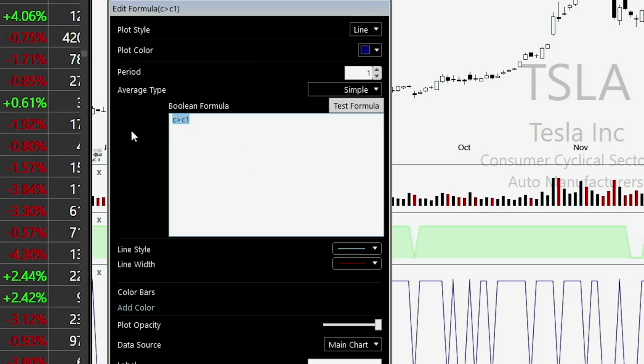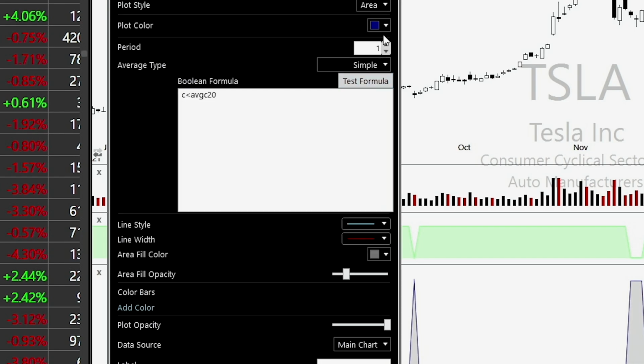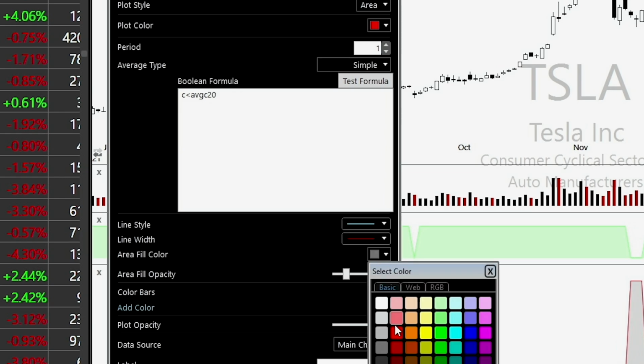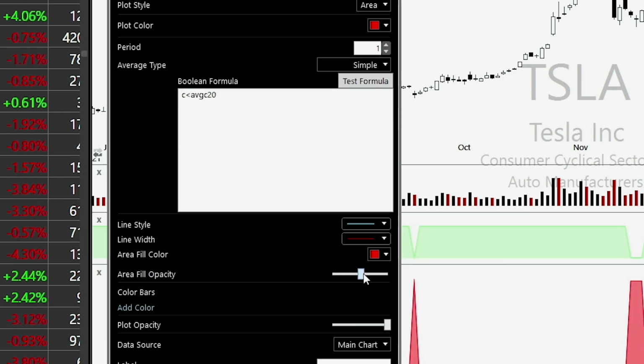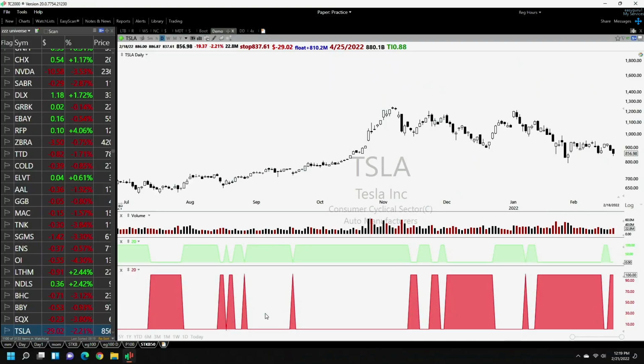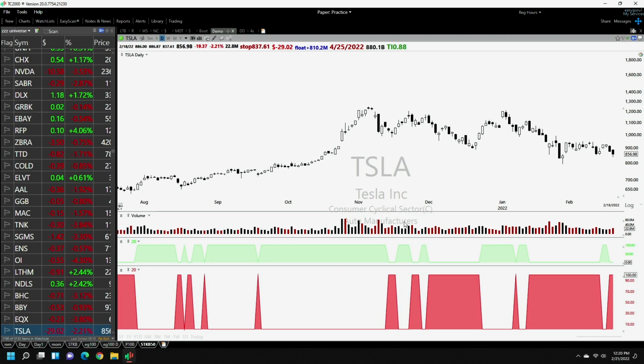So we are going to make this C is less than average C20, and then area, and then make it red because it is downside. However intense you want the color, and let's name it 20, and okay, and here you have it where the stock is riding to the downside.